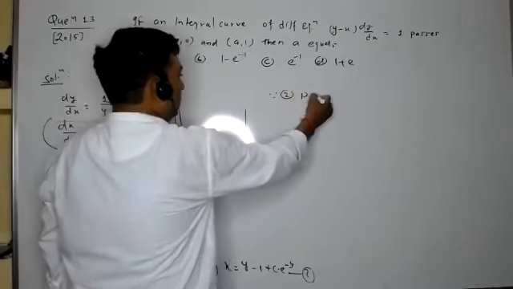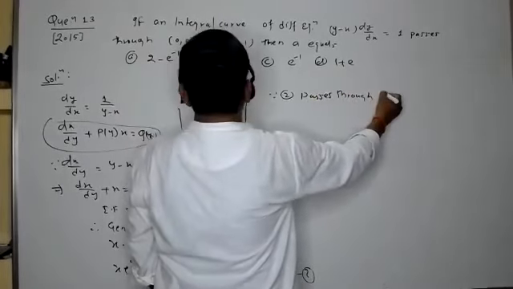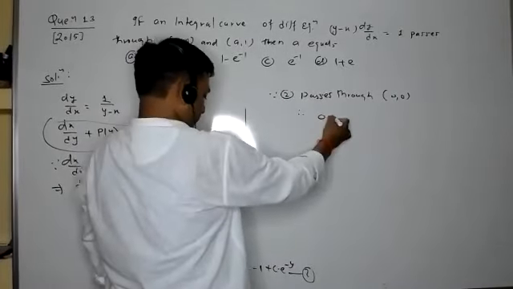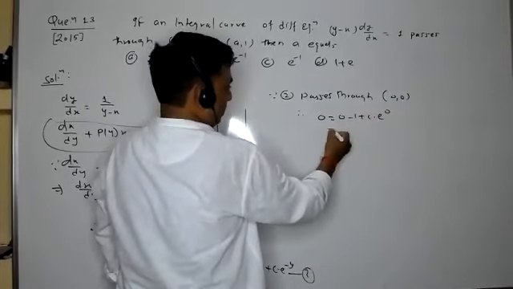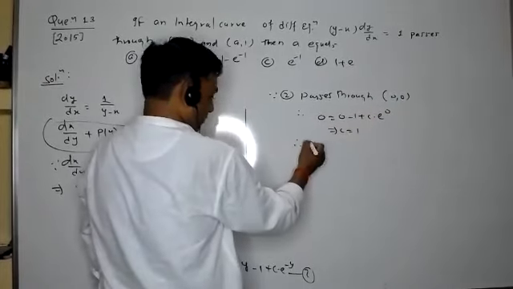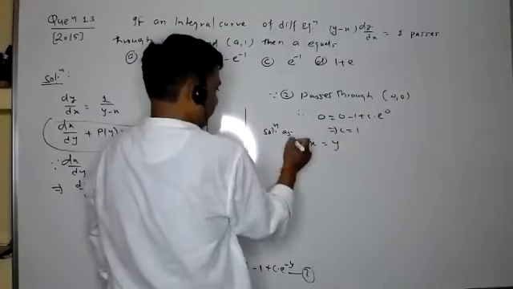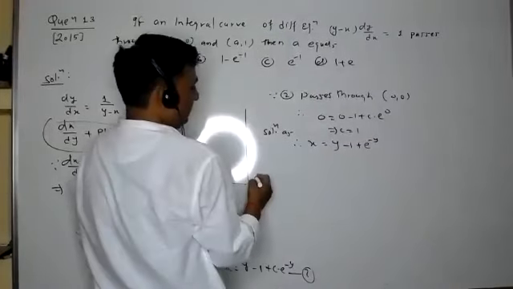Since it passes through 2 points, what are the points? (0, 0). So what will happen? x equals 0, y equals 0, e raised to the power 0 is 1. So this implies c has value 1. So you have the solution as x equals y minus 1 plus e raised to the power minus y.